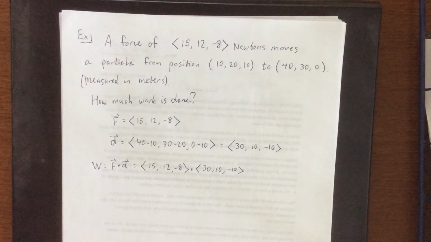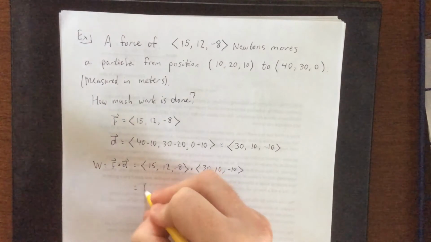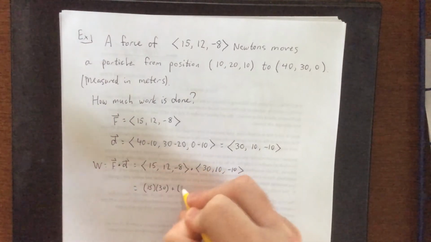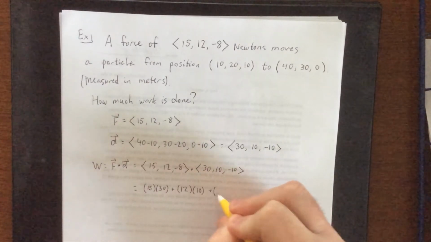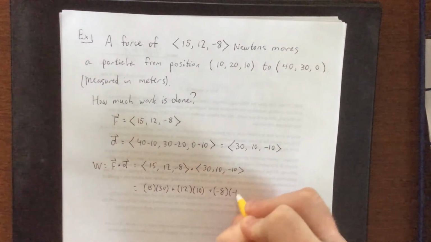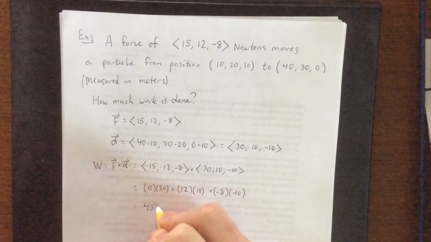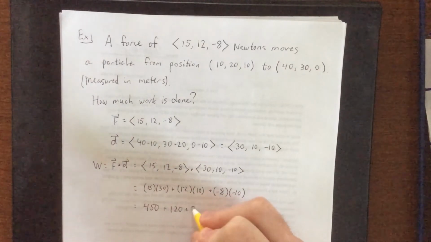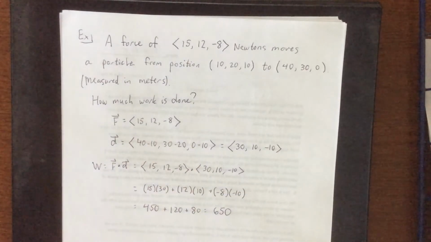Multiply the corresponding components together and add the results. So 15 times 30 plus 12 times 10 plus negative 8 times negative 10. So we're seeing 450 plus 120 plus 80 for a total of 650.